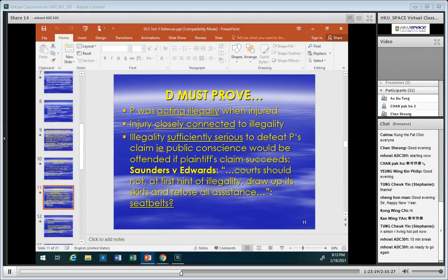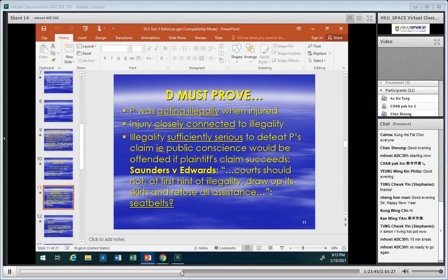Well, they're on the screen. Number one, that the plaintiff was acting illegally when injured. So that's a question of fact. That the injury was closely connected to the illegality. And this slightly controversial point, illegality must be sufficiently serious to defeat the plaintiff's claim. That is, the public conscience would be offended if the plaintiff's claim succeeds.